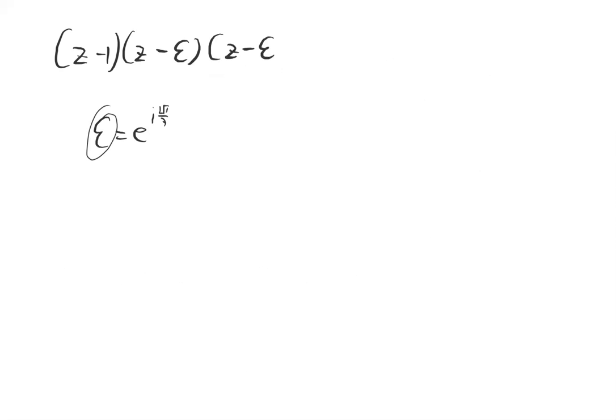So what we can actually write is z minus 1, z minus, let's denote e to the power of i 2 pi over 7 as epsilon. Then we can write it as this. Dash means conjugate.